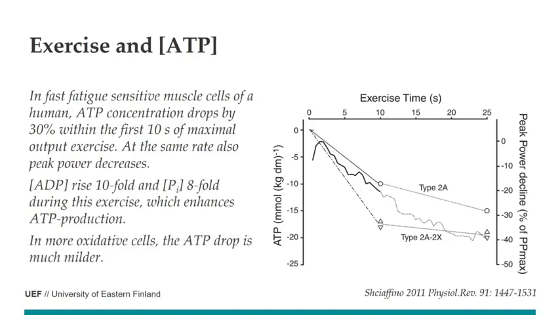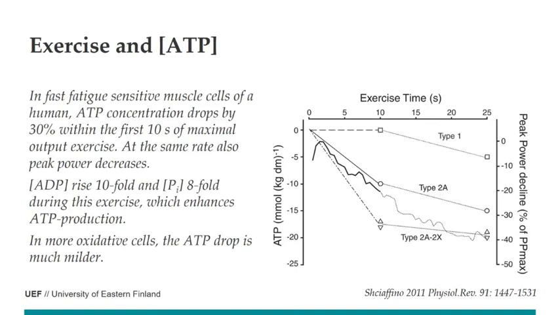Then, if we have a little bit more oxidative capacity, the ATP drop is much milder, about 1/2 of this fatigue sensitive cell. So then you can use with the same speed, or the same force, the muscles for twice as long.